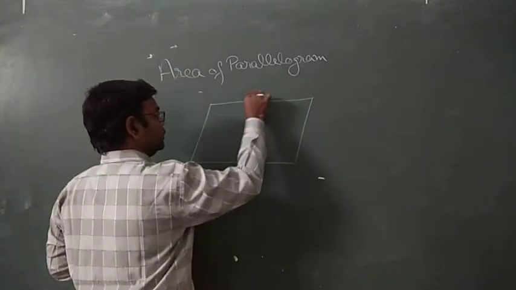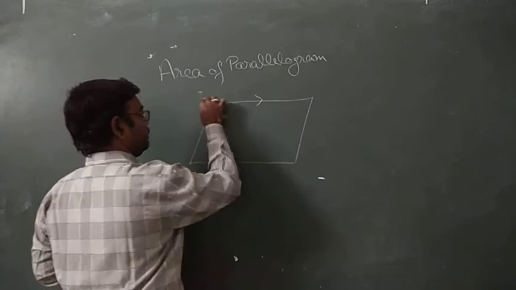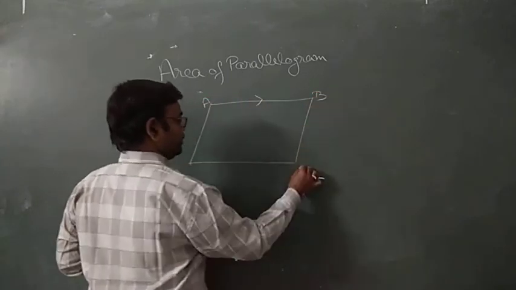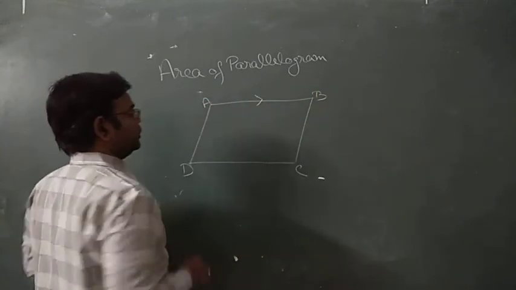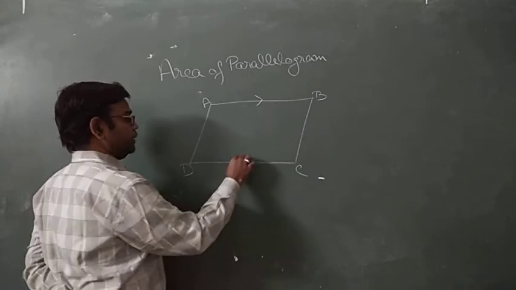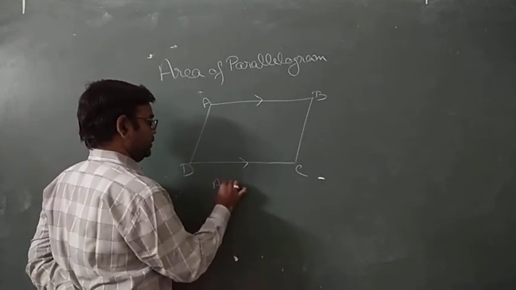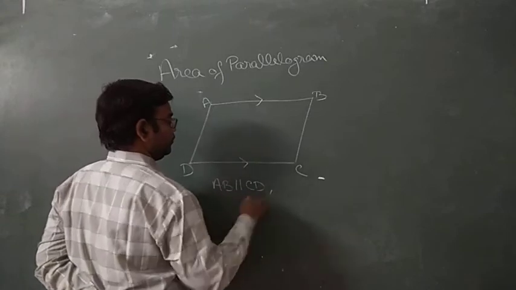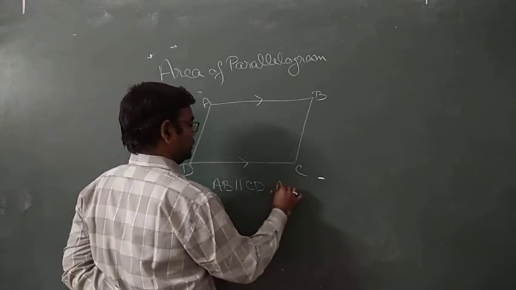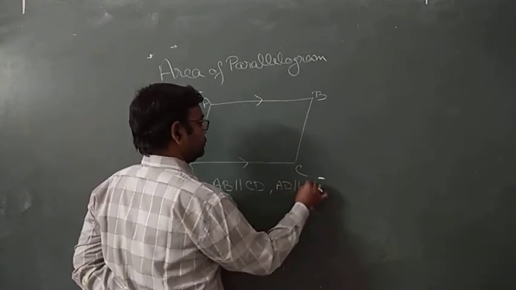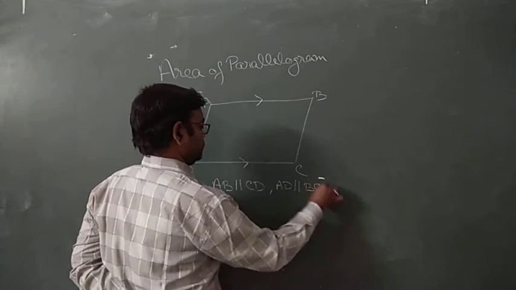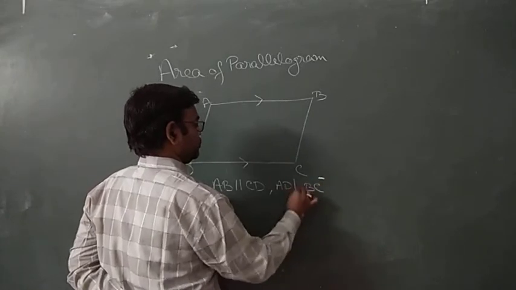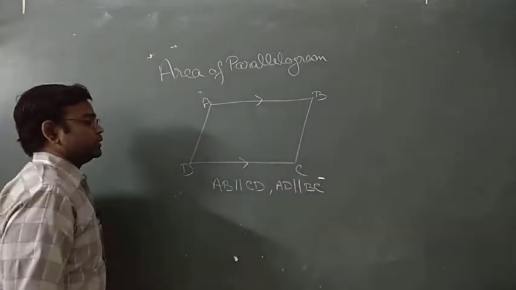This side, give a name. In this case, AB is parallel to CD, and also AD is parallel to BC.